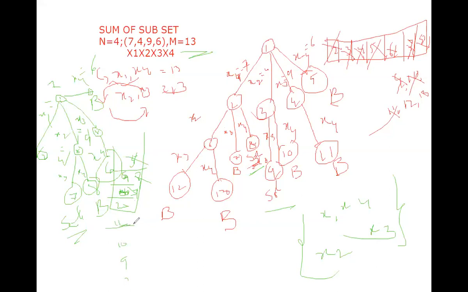Then I move to the 11th node. So this is another solution. Then I move here and here, and bounding functions occur here. So this is about LIFO.